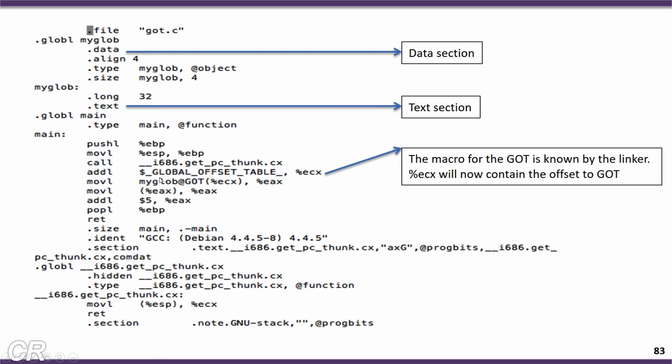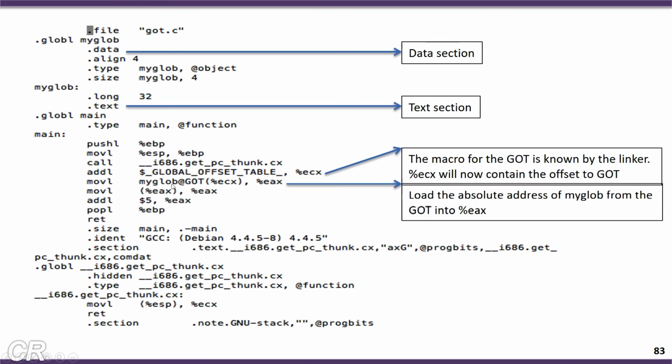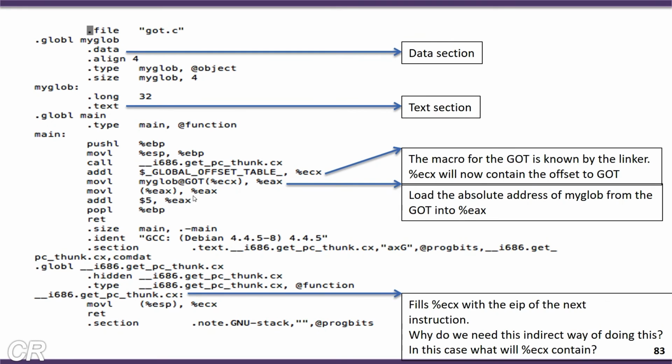In more detail, we see that this particular instruction adds the offset of the GOT table to the ECX register. Then we load the absolute address of my_global variable from the GOT table into the EAX register. And finally, we make an indirect load of the my_global data to the EAX register. So after these 4 instructions, we have finally been able to load the contents into the EAX register.